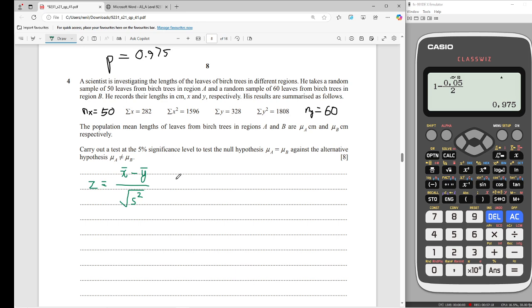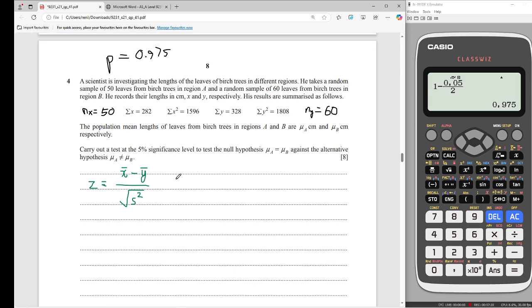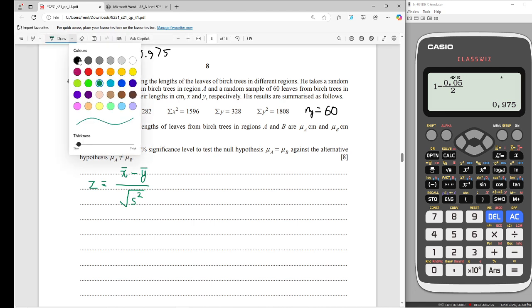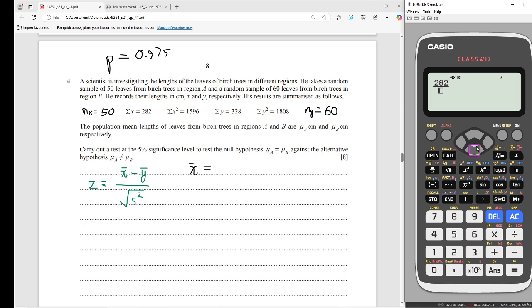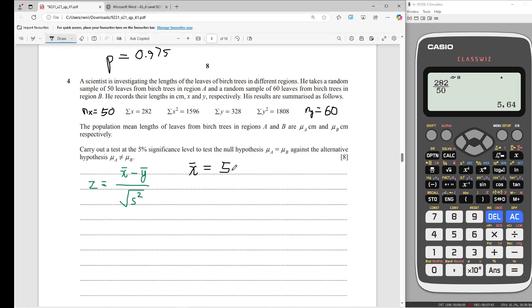Okay, with this formula we need to see what values we have. We don't have mean x, we don't have mean y, nor do we have S2. So let's calculate each of these values. We can calculate mean x and mean y, very simple. That is just the sum of x values divided by number of x terms, which is 282 by 50, which is 5.64. Next we have mean y, which is equal to the sum of y terms divided by number of y terms.